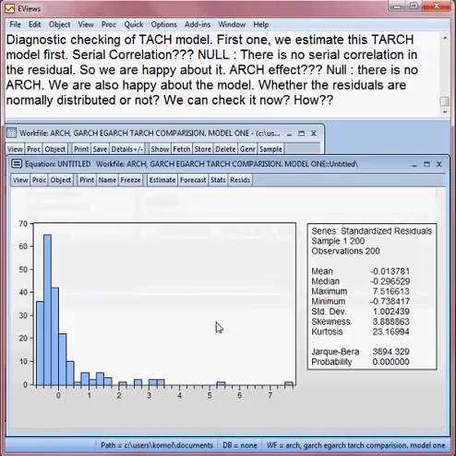Here is the Jarque-Bera statistic and corresponding p-value.